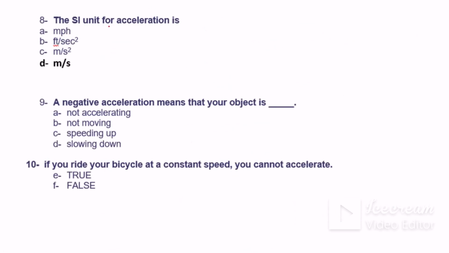Number 8, very easy. We measure acceleration by the international unit, meter per second squared. That is the SI unit for acceleration. If you want to know where we get this unit: we said before that velocity is measured by meter per second, and you know that the acceleration equation is delta v divided by delta t.